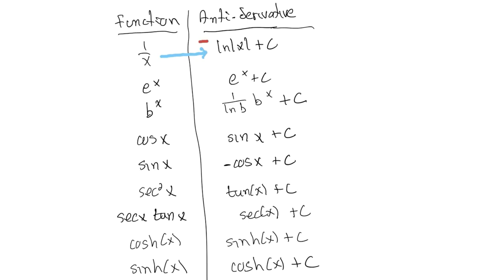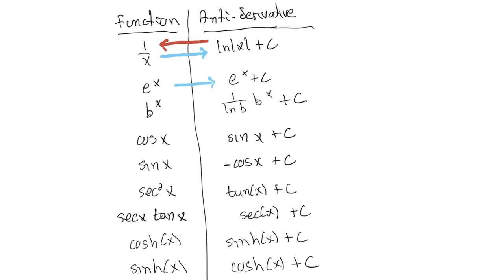So the derivative of ln of x is 1 over x. That's really where these antiderivatives come from: what did I take the derivative of to get that function? So when I look at e to the x, what did I take the derivative of to get e to the x? Well, I took the derivative of e to the x.